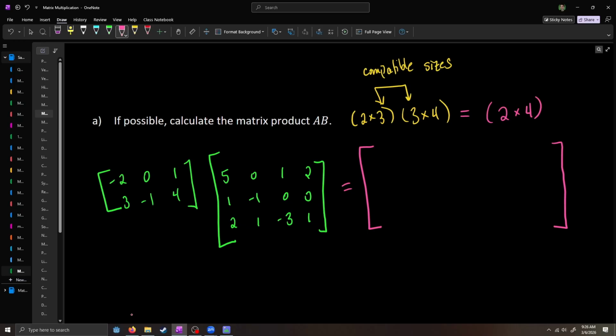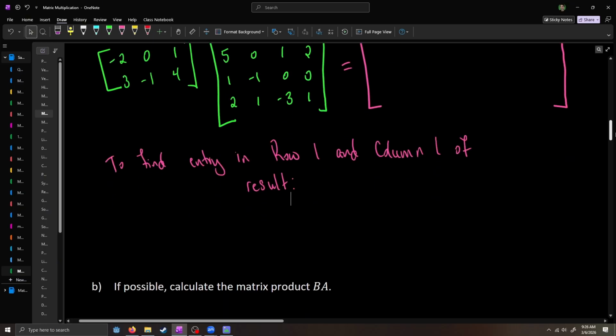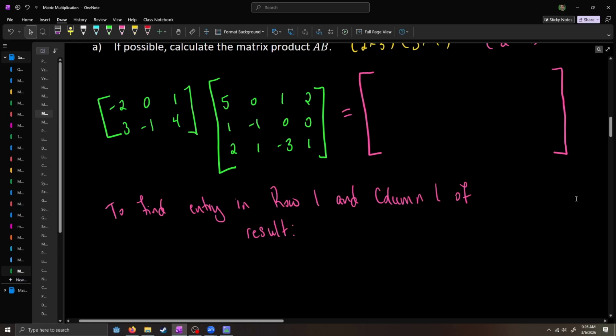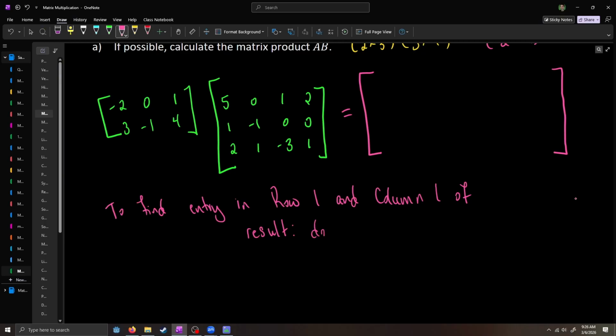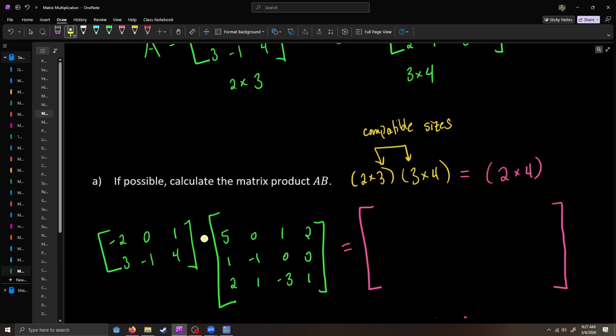So to find the entry in row 1 and column 1 of the result, we're going to calculate a dot product between row 1 of the first matrix and column 1 of the second matrix.